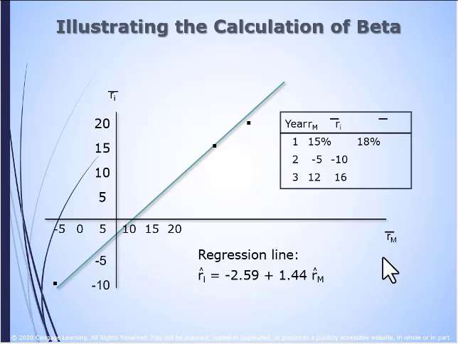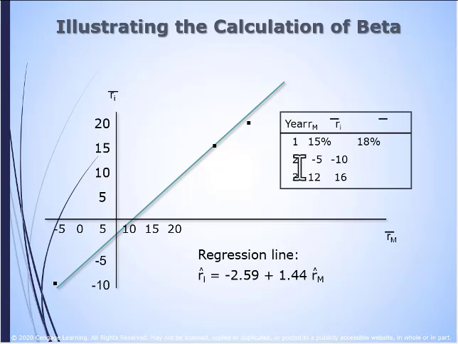Now, assume that this is the stock market on the x-axis, and this is the stock on the y-axis. So for this company, the stock market was at negative 10, and the stock was at negative 5.